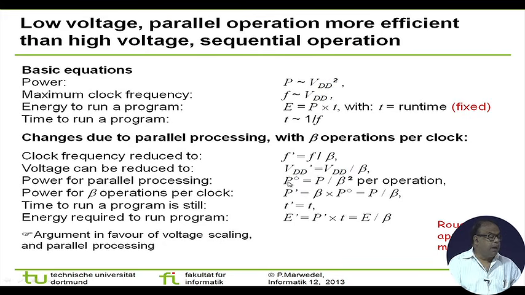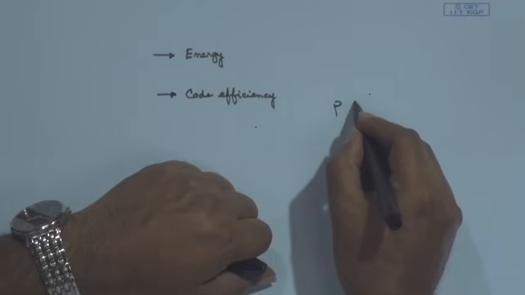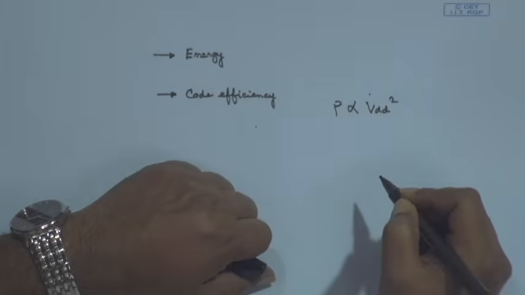Then the power for parallel processing will be whatever P I was getting here, divided by beta square per operation, because VDD has been reduced and the power is proportional to VDD square. Agreed?